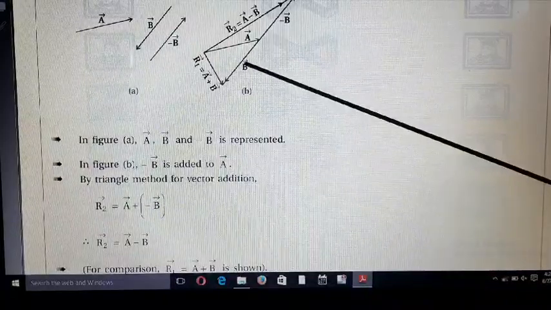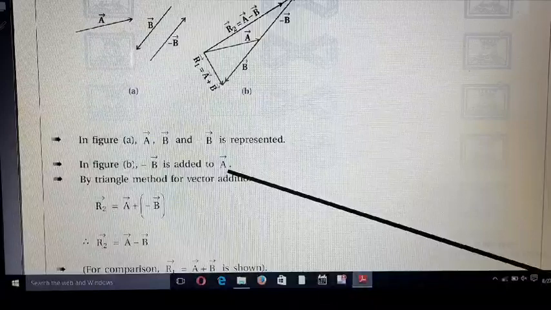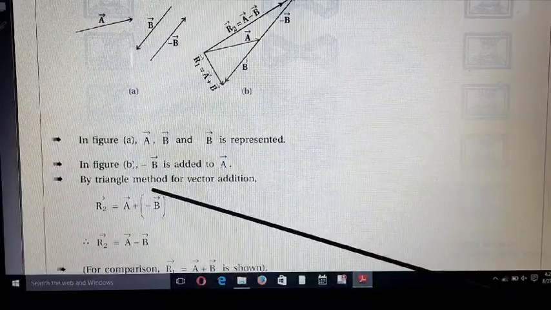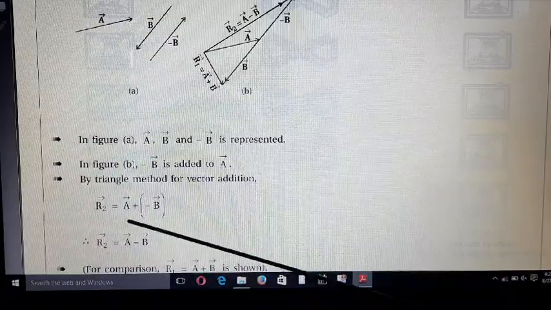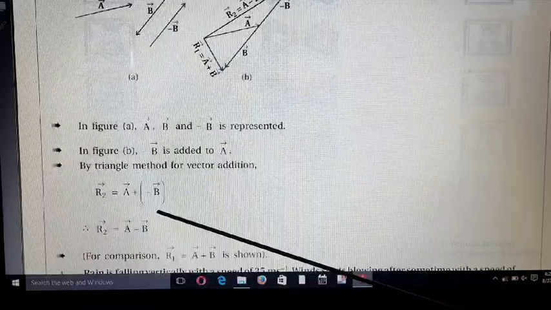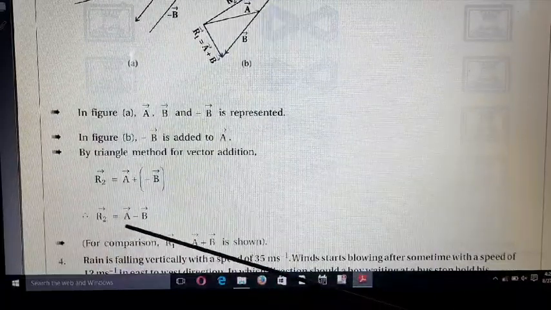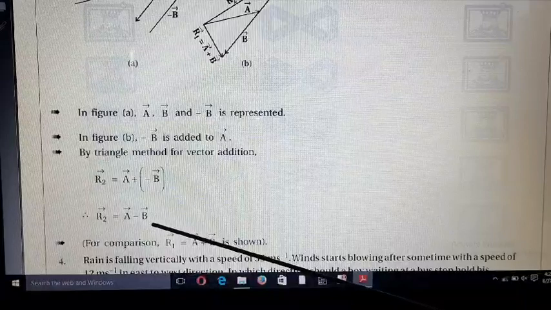In figure B, look here, minus B is added to vector A. By the triangle method of vector addition, R2 is vector A plus bracket minus vector B. So we can write R2 is equal to vector A minus B.